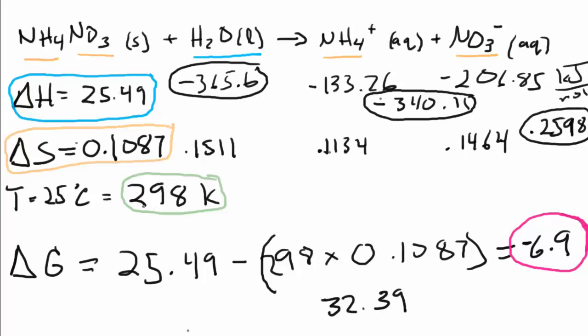And then you just use your formula. It's the enthalpy change minus the entropy change times the temperature in Kelvin. And a negative delta G means that the reaction will be spontaneous, and a positive delta G means it will not be spontaneous. So that's how you calculate Gibbs free energy change.